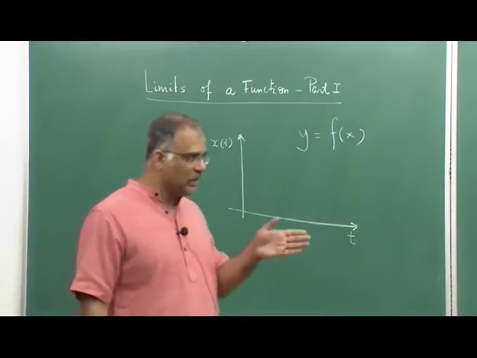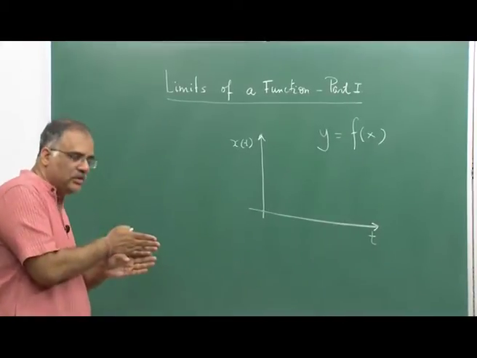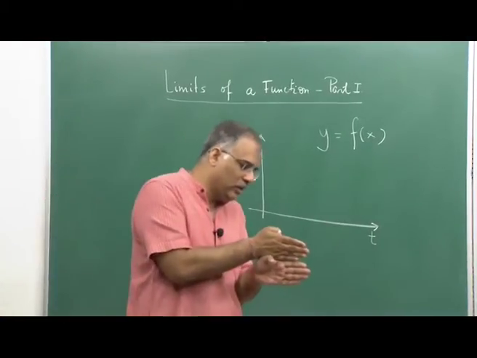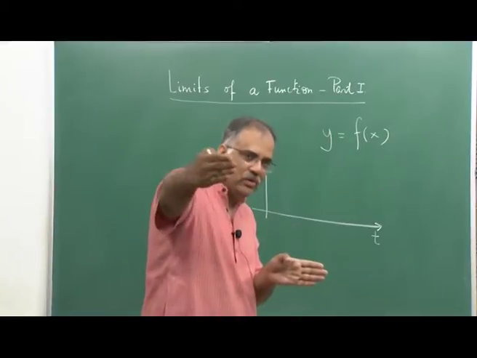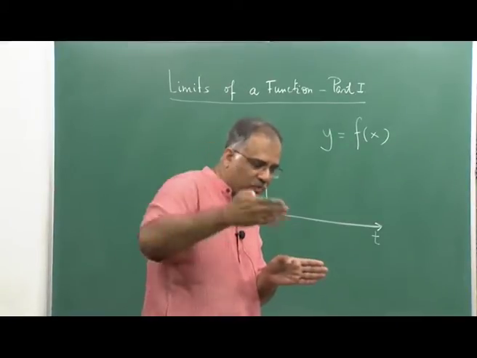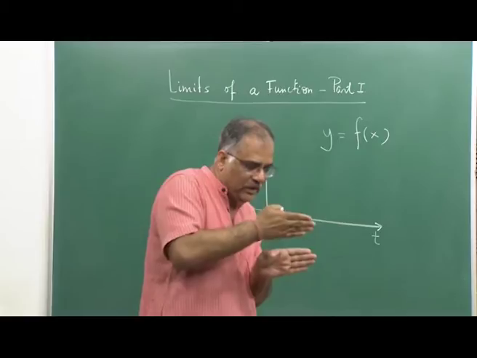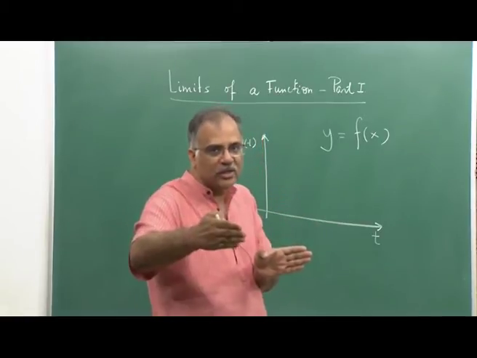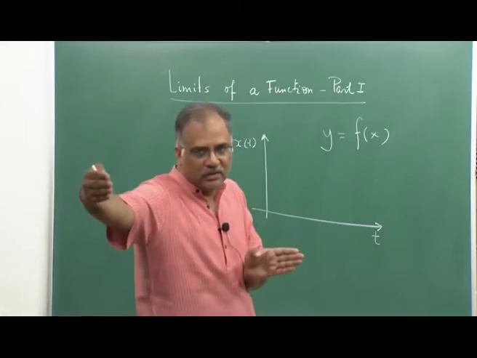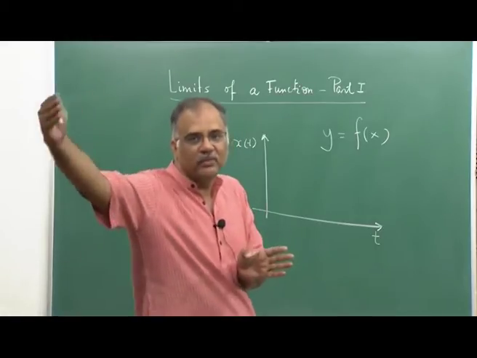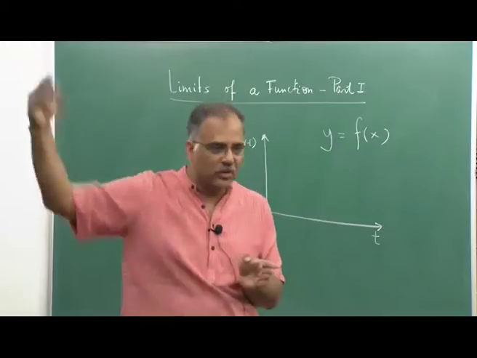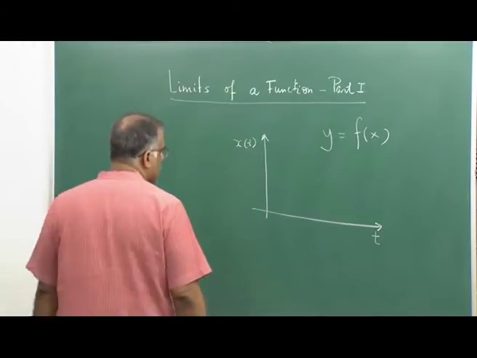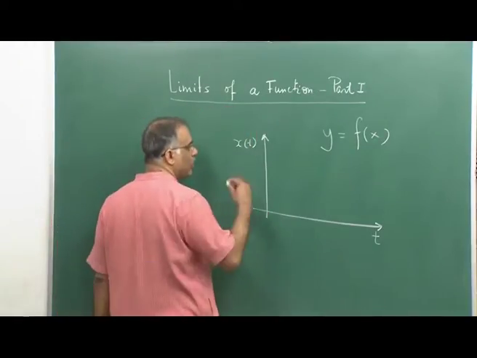For example, a train starts at 3 o'clock from the Howrah station and has to go towards, say, Bandel station. It starts moving, at 3:15 it is at the next station Liluah, at 3:30 it is at some other place, 3:40 it is at some other place, and so on. So, distance is essentially a function of time.